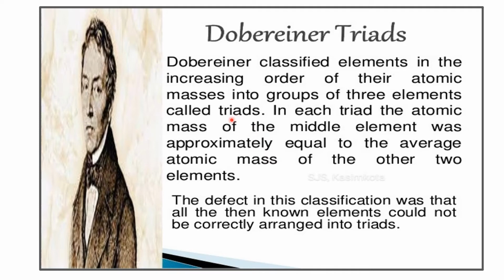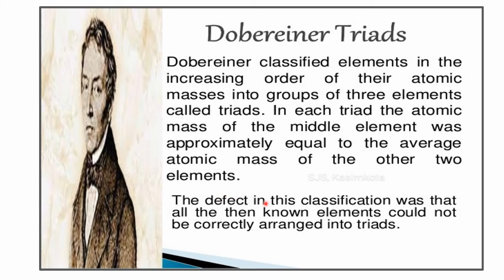Tri means three. So he arranged these three elements together as one group known as a triad. And in each triad, that means in a group of three elements, the atomic mass of the middle element was approximately equal to the average atomic mass of the other two elements.